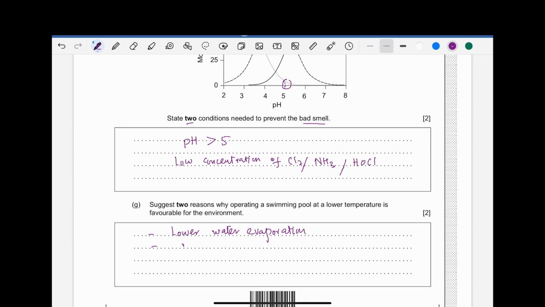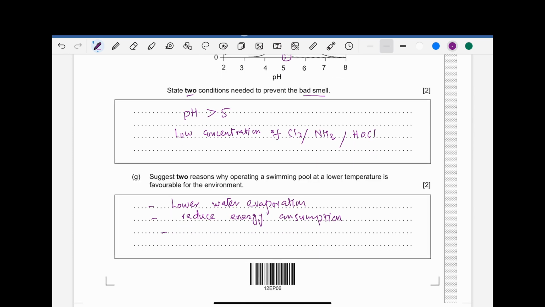Reduce energy cost, reduce energy consumption, or less energy needed to heat water. And higher solubility of chlorine. We have seen in the data that at high temperature the solubility of chlorine decreases, so at low temperature the solubility of chlorine increases, so high solubility of chlorine.